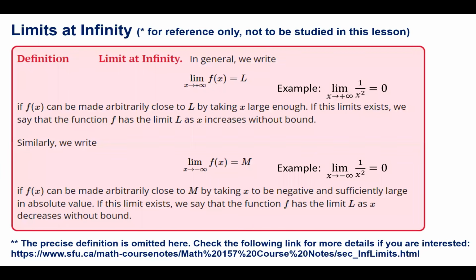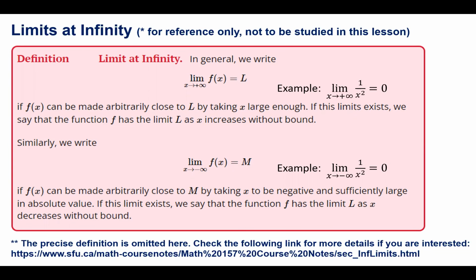Okay, so next, similarly, we can also define the limits at infinity. For example, let's have a look at the definition of the limit at infinity. So these are just notations, nothing special, okay?